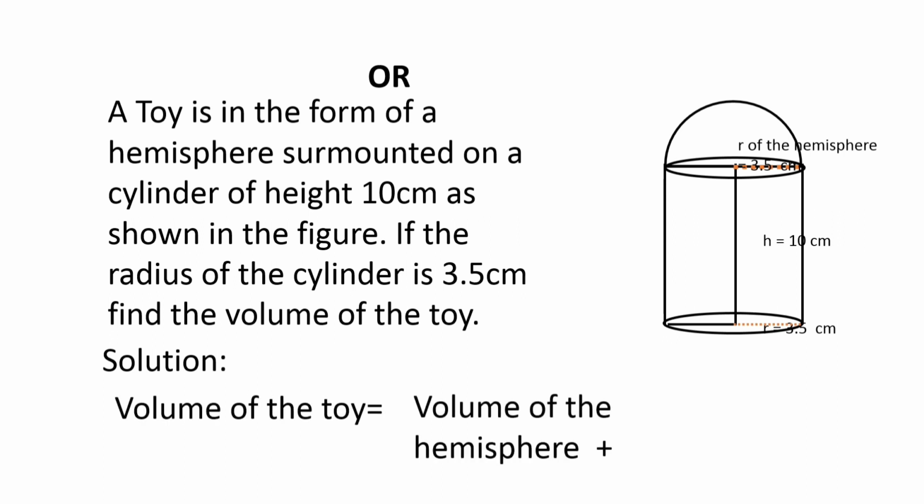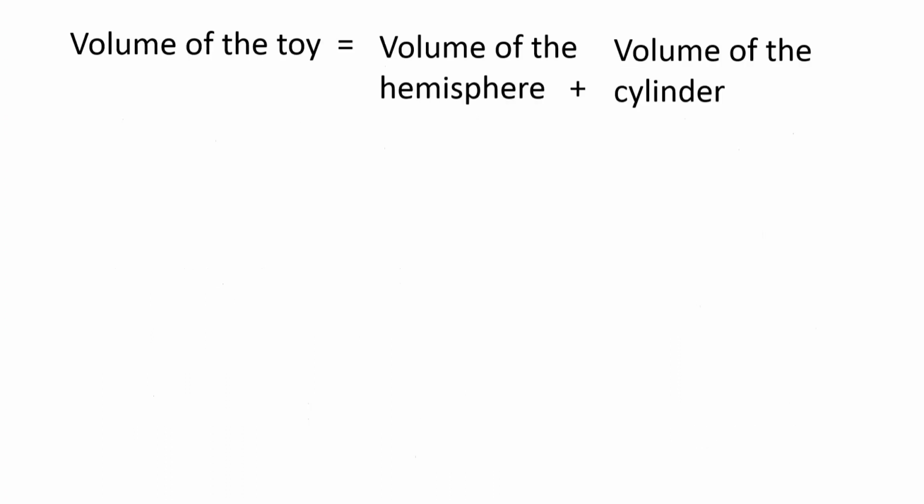So volume of the toy is equal to volume of the hemisphere plus volume of the cylinder. Here volume of the hemisphere, we know the formula, is 2 by 3 pi r cube, plus volume of the cylinder, pi r square h. Let us simplify, take the common factors outside.